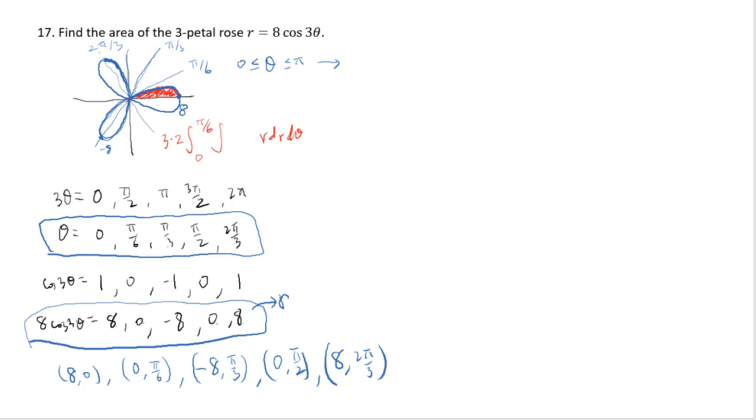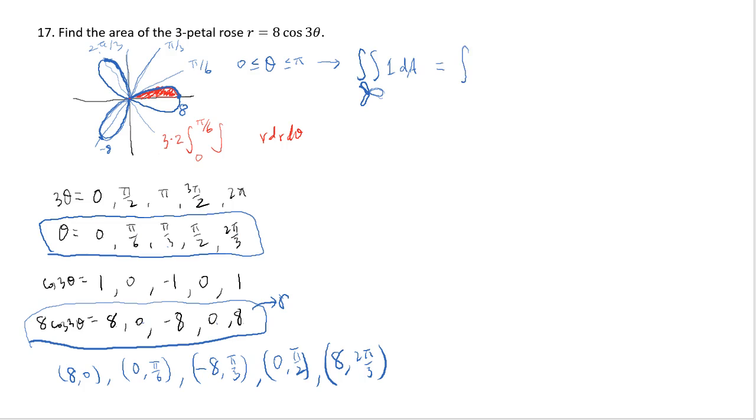All right. So how do we compute the area? You have to integrate on this 3-petal rose, 1 dA. If you integrate 1 over a region, then it gives you the area of that region.